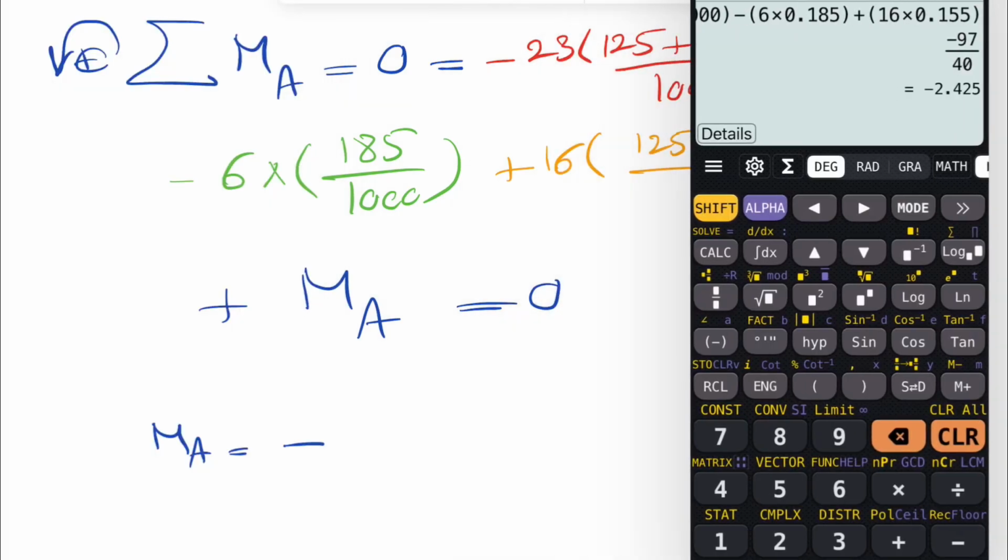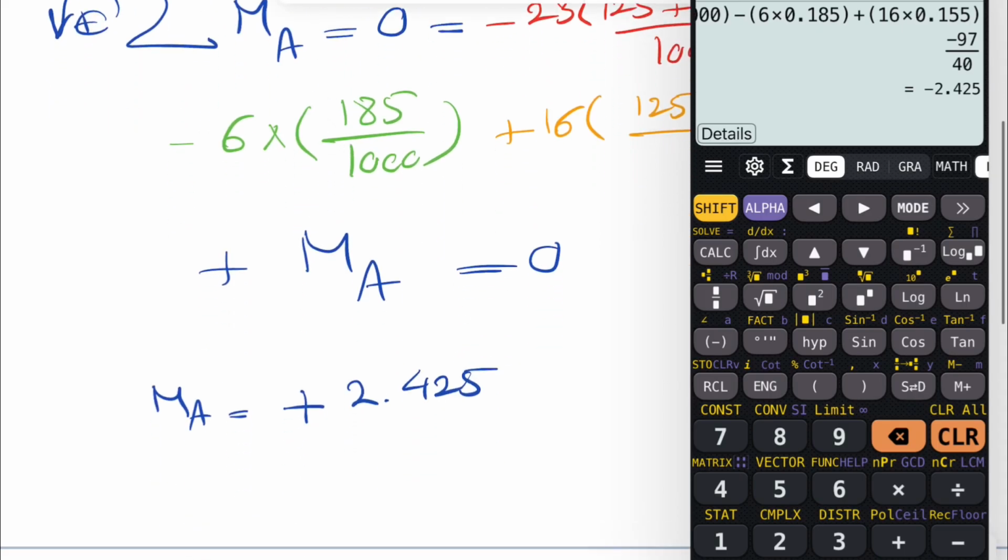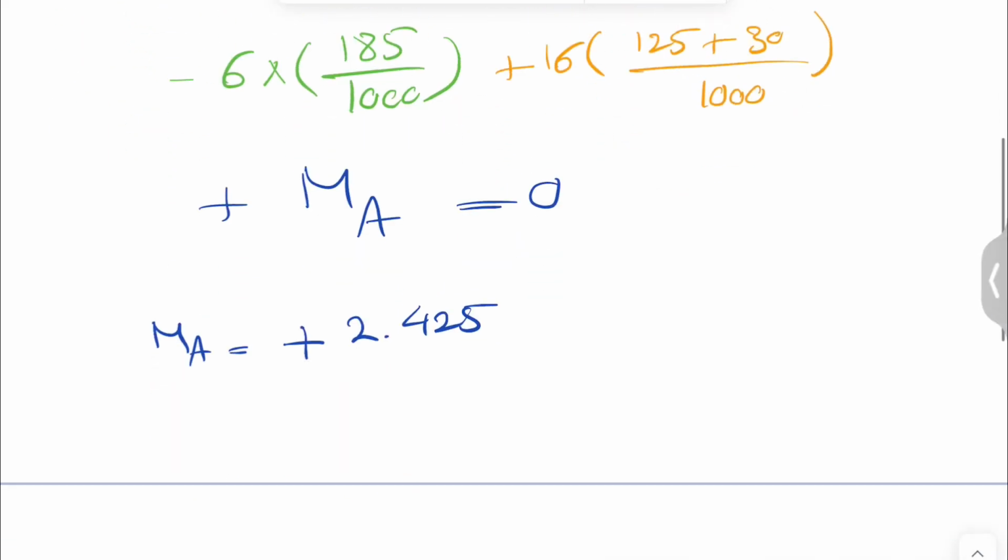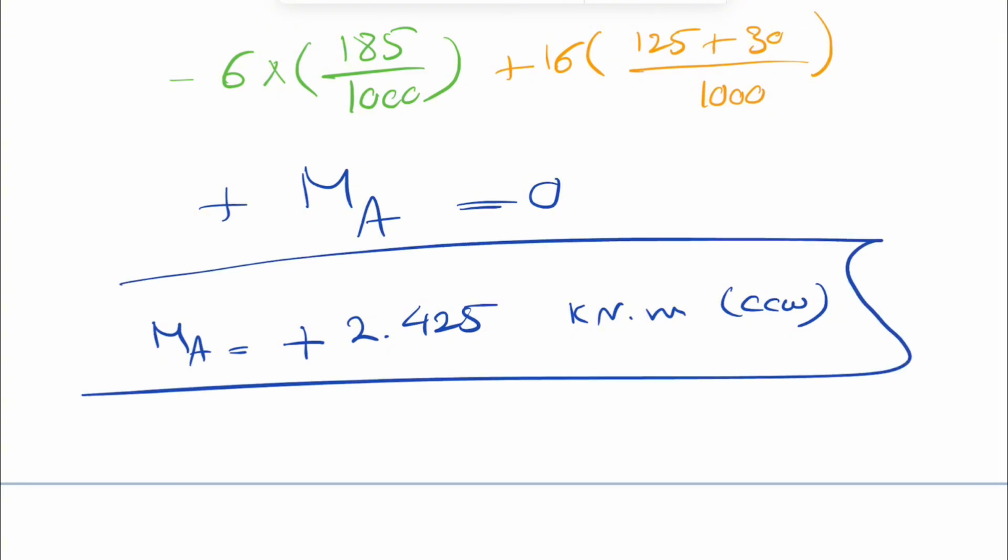So MA would be 2.425 kilonewton meter, positive. We did not get any negative sign, which shows that the moment was actually counterclockwise. So the moment would be counterclockwise, and that would be the last thing that we needed to figure out in this question, the bending moment.